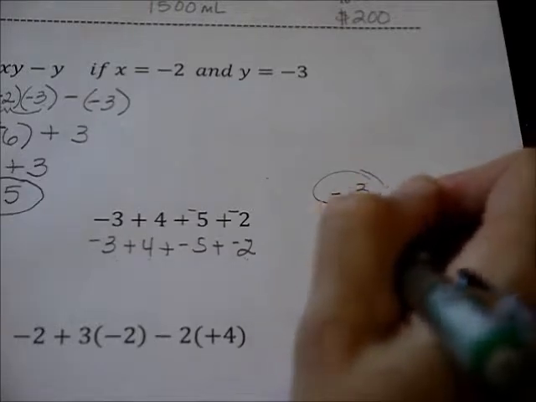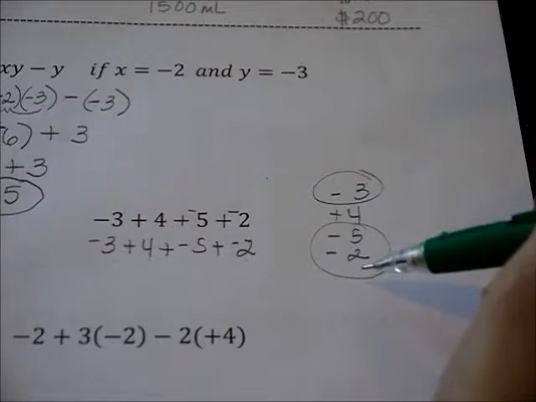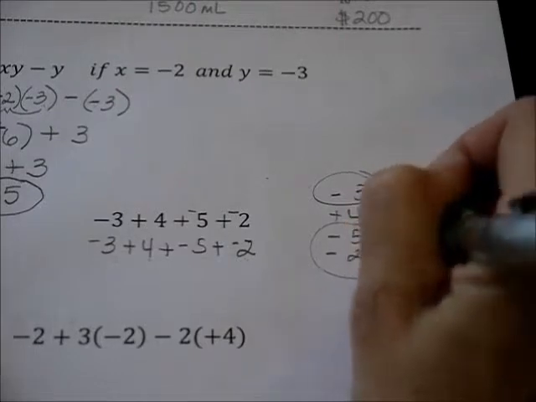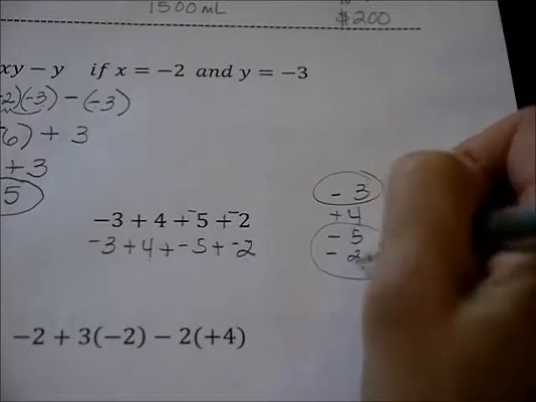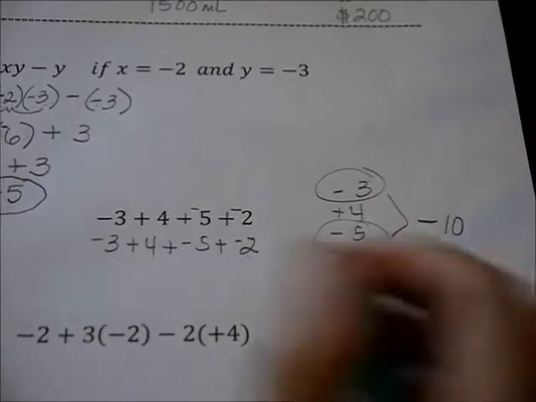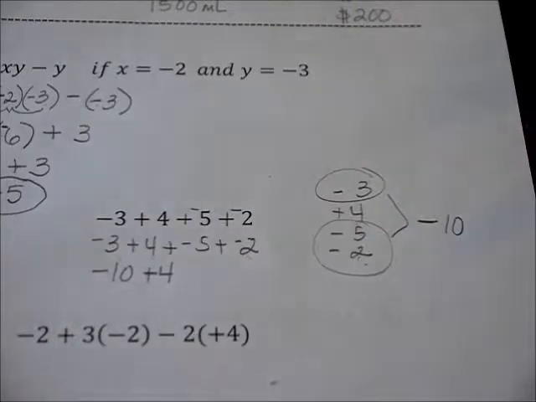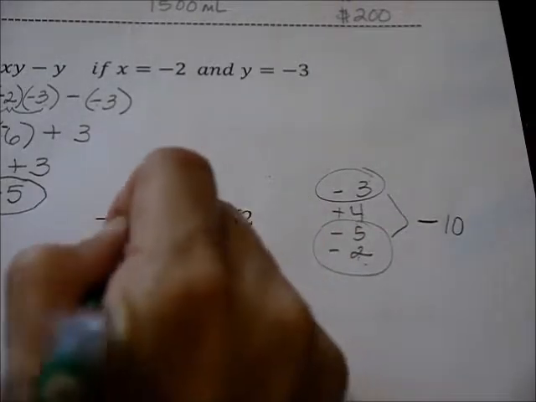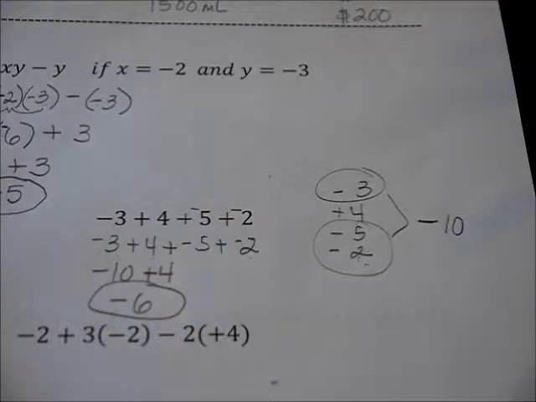So if I just found the sum of these 3 things, they're going to add up to a negative, because they're all negative, 8, 9, 10. Okay, so really I have negative 10 plus 4. And negative 10 plus 4 is negative 6, because 10 won the sign game.